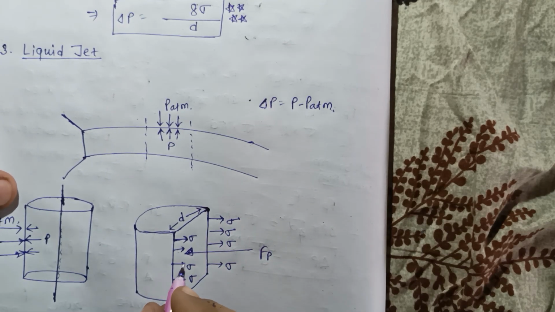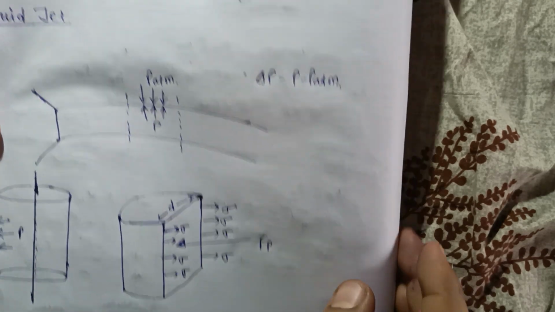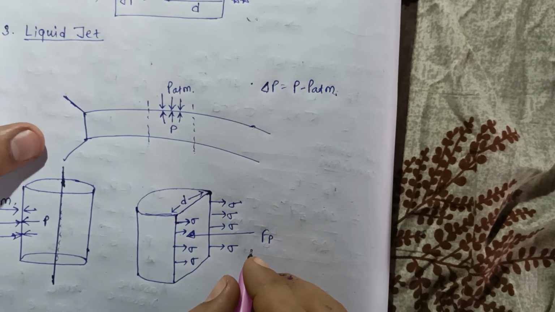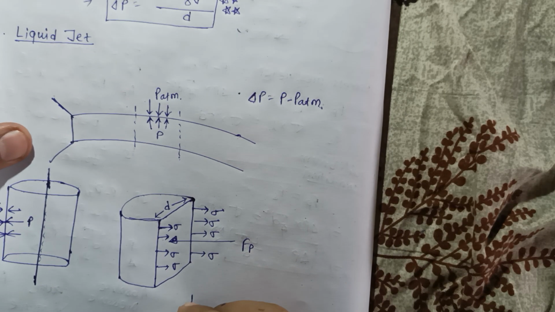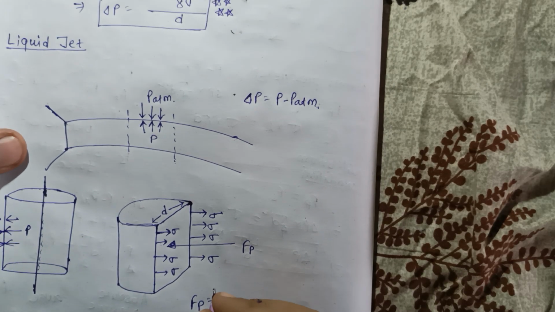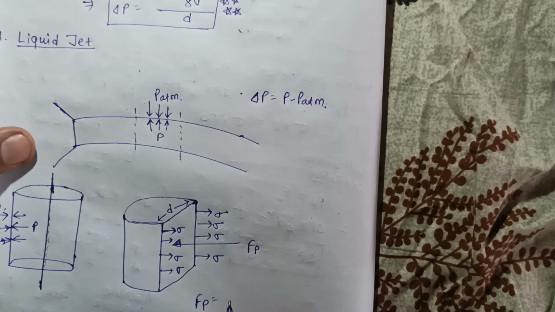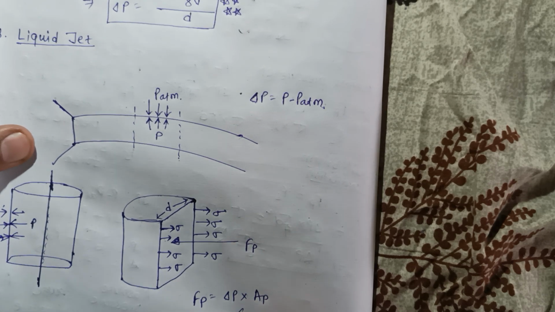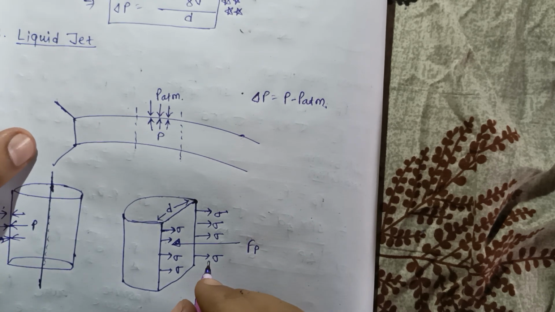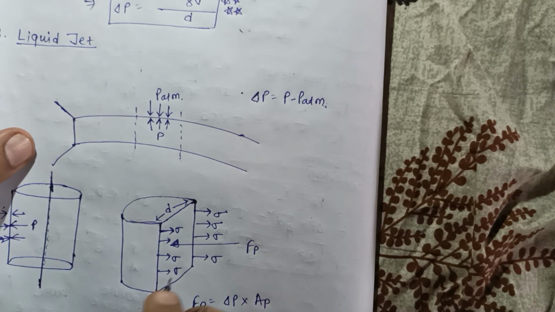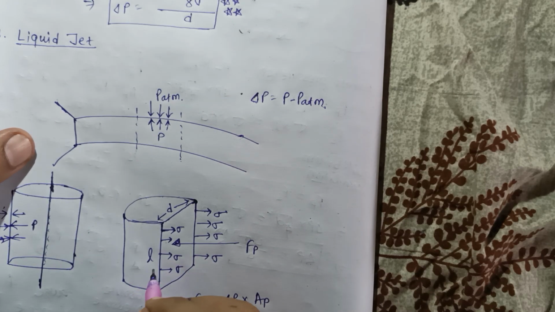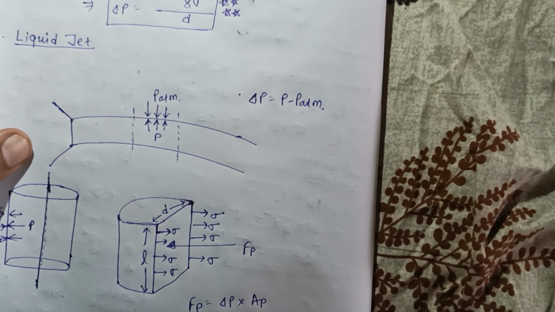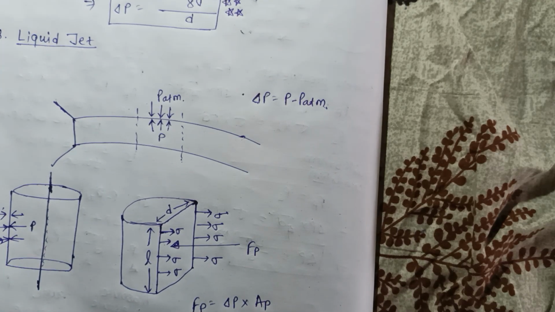The projected force AP is delta P into the projected area. Consider this is the length L, so L into D is the projected area.